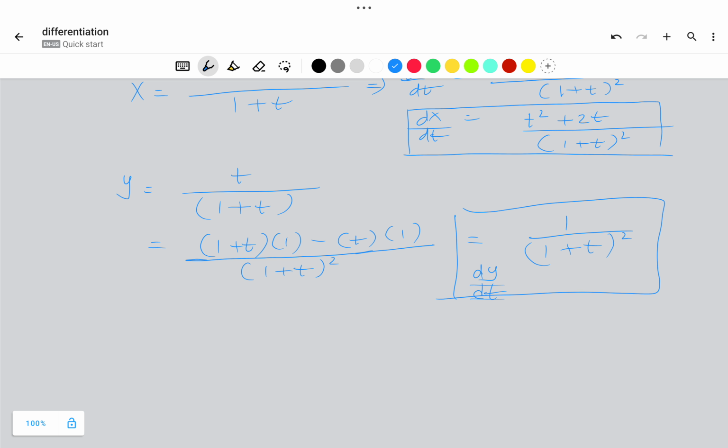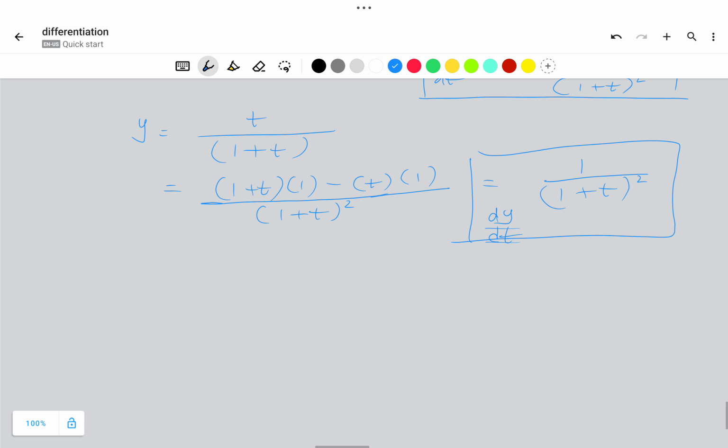So now we will compute the first order derivative, which is dy by dt by dx by dt.